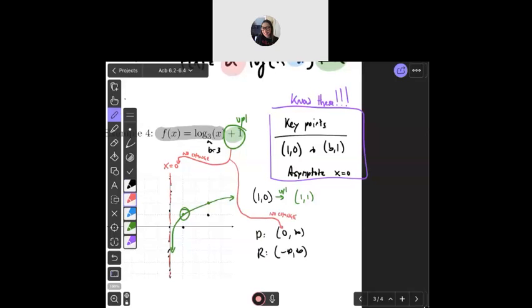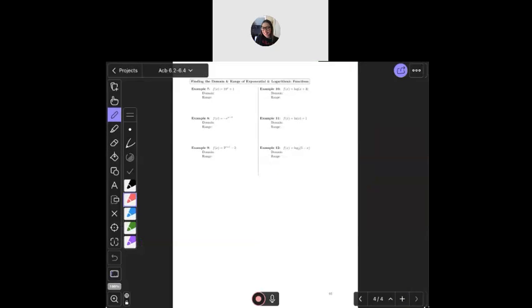Up shifts and down shifts do not change the domain. You guys will not see any reflections across the y-axis. We don't do that in this class, so you'll never have to worry about the domain flipping on you like that. Mathematically, it's an option. We just don't do it at this level. And if we reflect it vertically, that doesn't change the x values. So, doesn't matter.